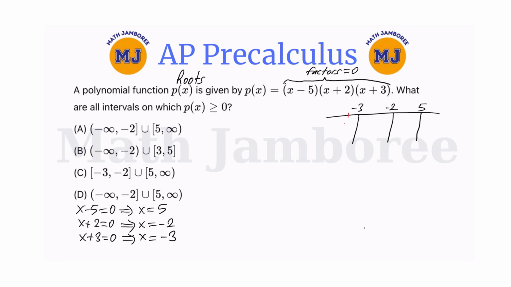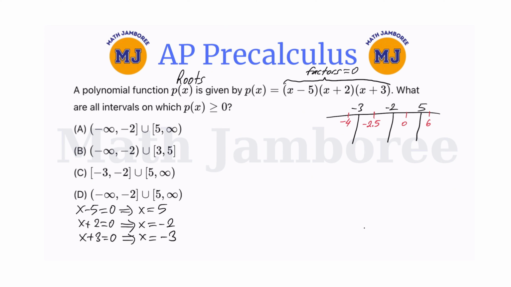Before negative 3, to check this region, I'm going to use negative 4. Between negative 3 and negative 2, I will use negative 2.5. Between negative 2 and 5, I'll just use 0. After 5, I'll just use 6. You can pick any number as long as it's within the region.